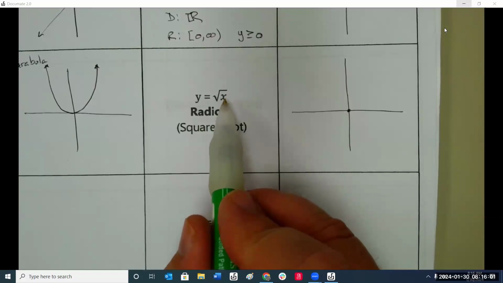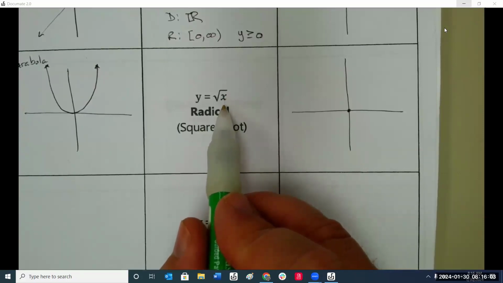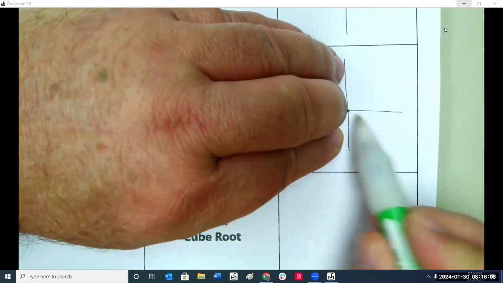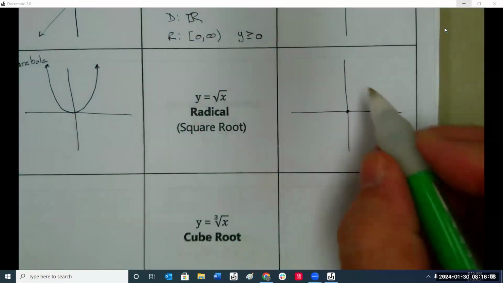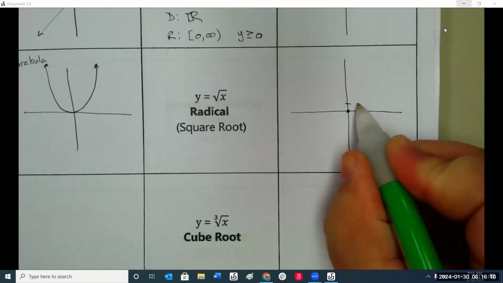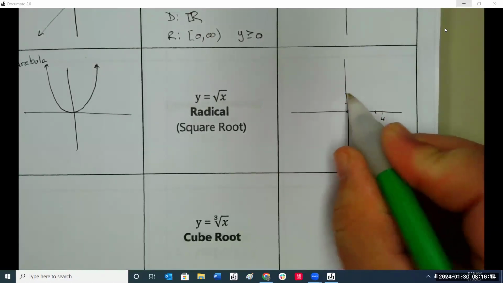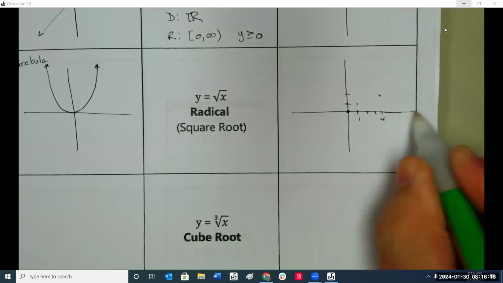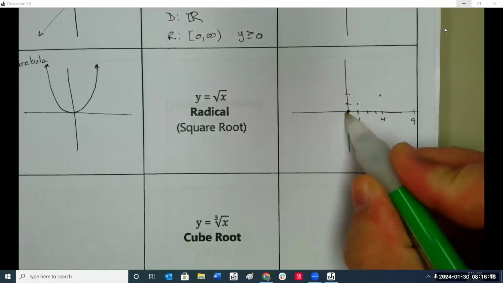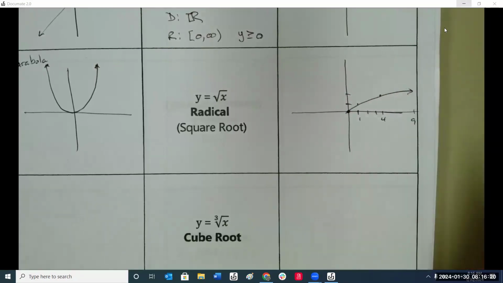Square root of 0 is 0. Can x be positive? So we know that we're only to the right. And as x grows further, it curves like this.